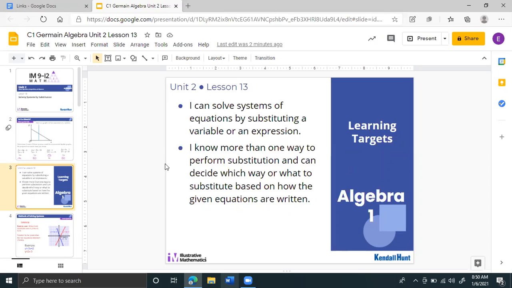You might have to do a little work to get one of the equations substitutable, with one variable isolated. So we're going to have to be flexible and be able to make decisions on which of the equations we're going to want to isolate for. We want to be strategic.